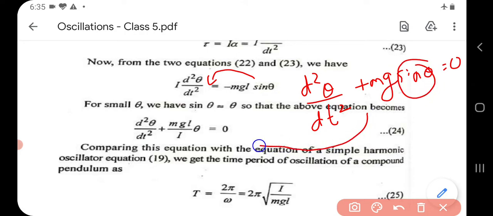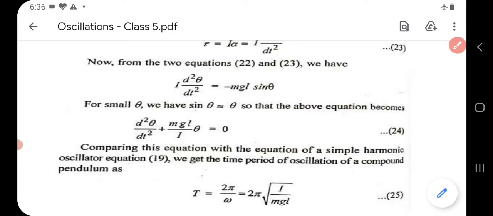So sine theta is approximately equal to theta, and there is also one l here. So it will be d square theta by dt square plus mg l theta by I equal to 0. Rearranging, we can write it as d square theta by dt square plus mgl by I times theta equal to 0.